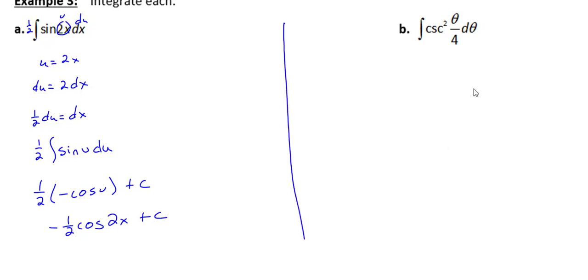And really, really fast. U is theta over 4, right? What's du then? This is 1/4 theta, right? So what would it be then?